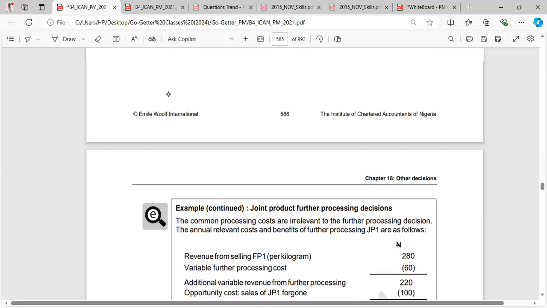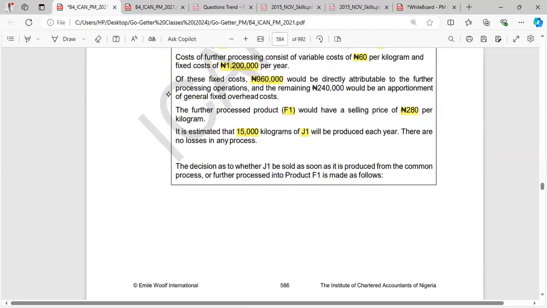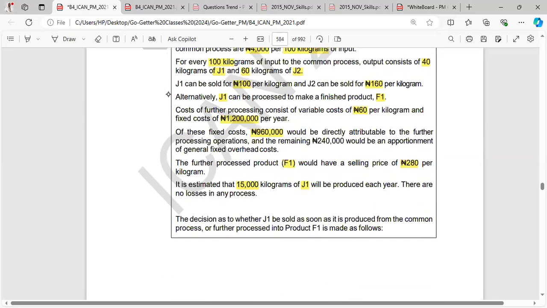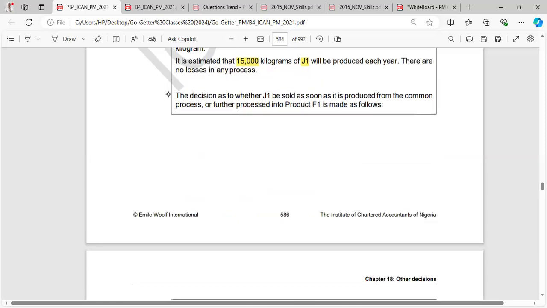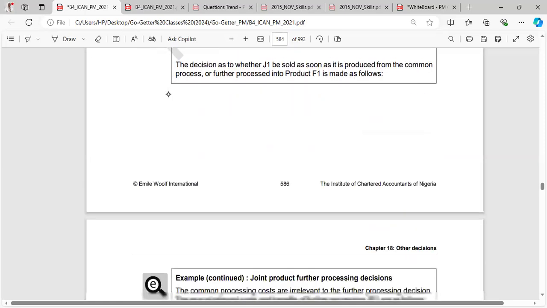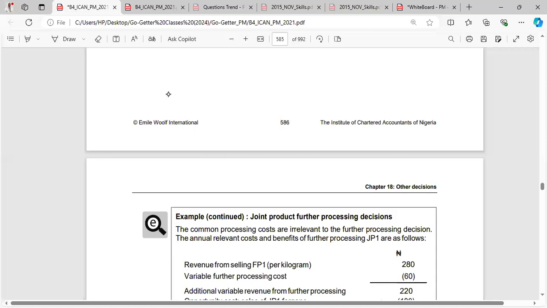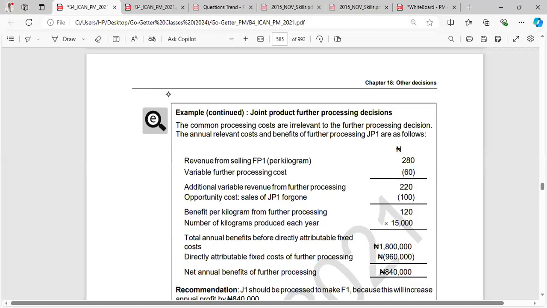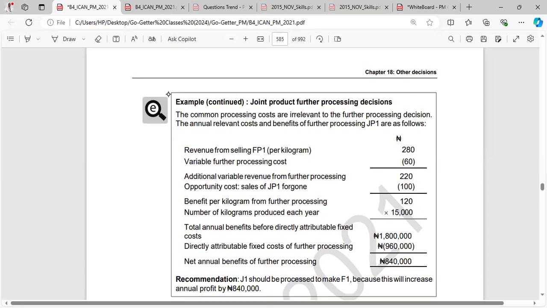Now, what is the cost of making J1 become F1? They said cost of further processing consists of variable cost 60 naira per kilogram. So, in order to turn J1 to F1, we have to spend 60 naira for 1 kilogram. So when that is done, 280 minus 60 gives us 220.